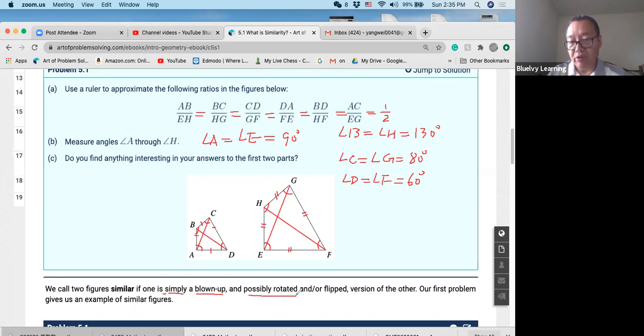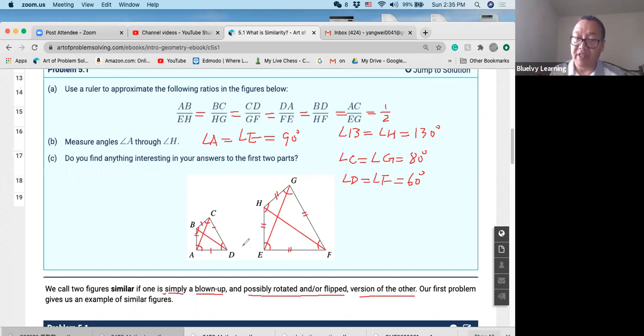Possibly you can rotate or flip one to get the other. So we allow the position to be different, and we also allow the direction to be different. When you compare these two figures, you can rotate it or flip it, then compare them.